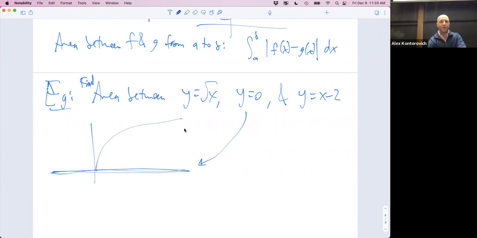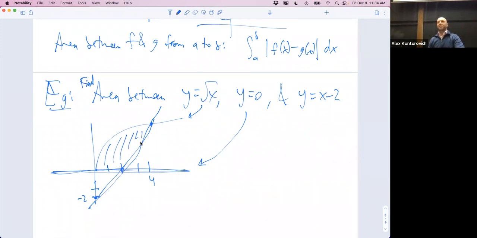Square root of x, I also know that's this kind of thing. Y equals x minus 2 is a line. It starts at -2. It goes up to, when x is equal to 2, I get 0. When x is equal to 4, I get 2, which means it hits this. So this is this line. So the area bounded by these three functions is this.